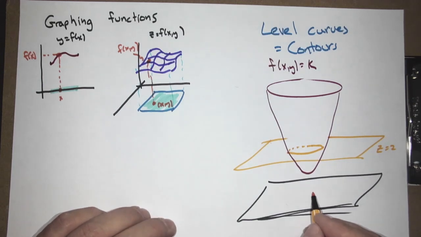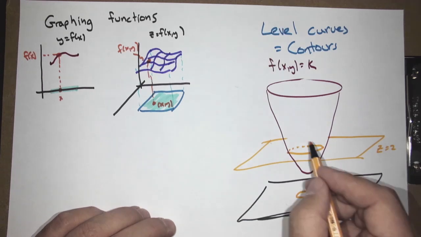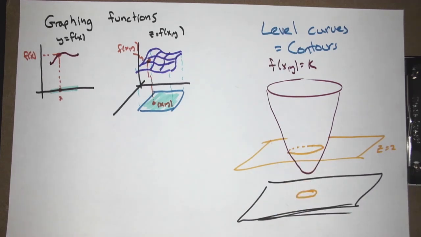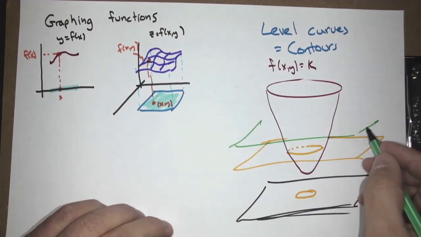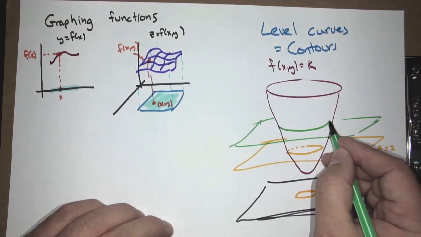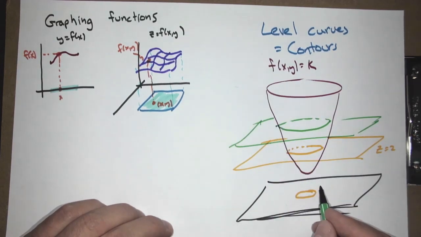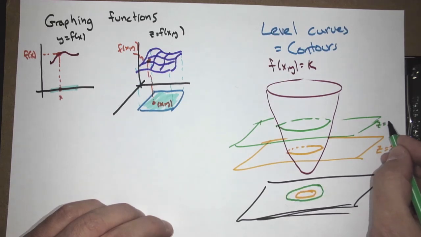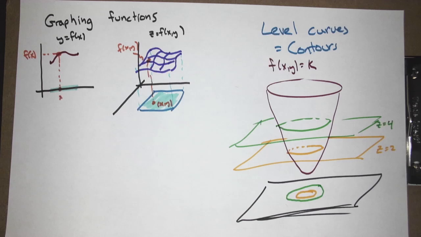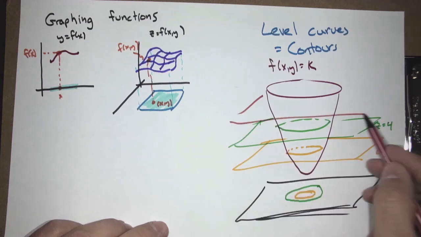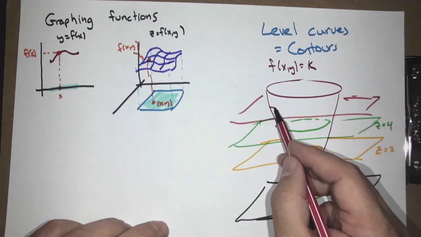Then down here in the plane, we put in that corresponding intersection. Then we can do another slice, and again it will intersect our surface, and we project it down, and this is z equals, say, 4. We just repeat this over and over again, and what we end up with is a collection of curves.